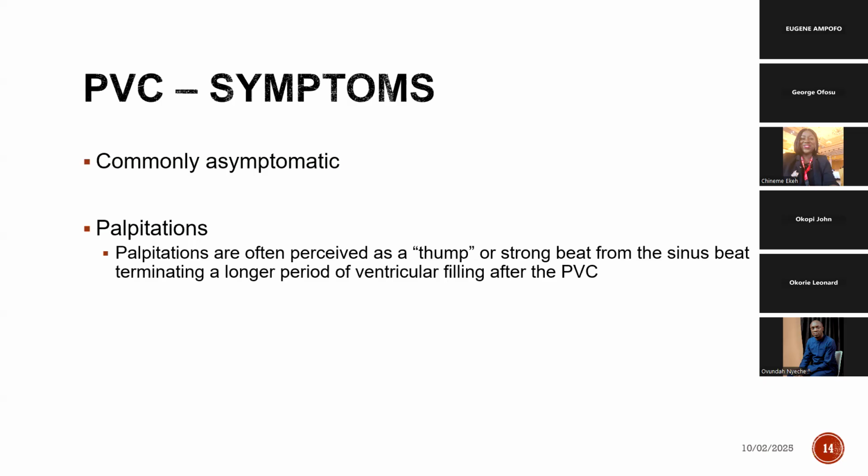Usually when you have a PVC, you have a pause after the PVC, and this prolongs the filling time of the ventricles. So the beat that follows the PVC will actually be stronger than the subsequent beats. That is what the patients usually experience as the palpitation.